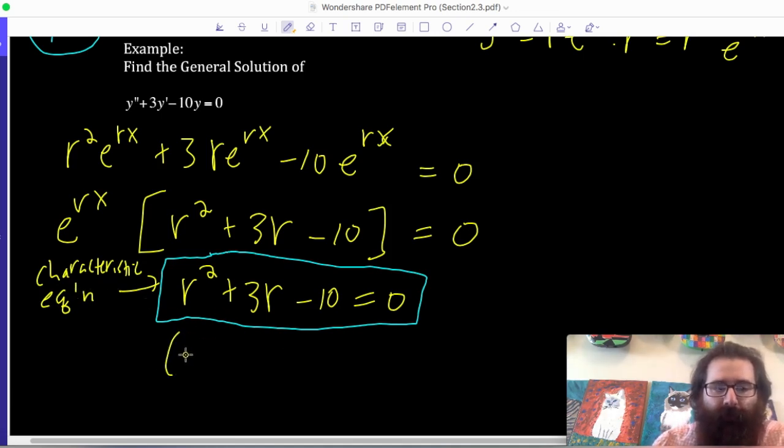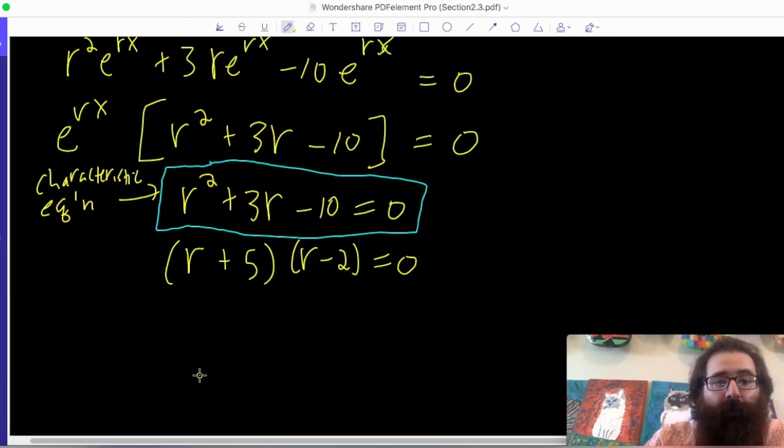I can factor this, right? So we get r plus 5, r minus 2. And from this, we can solve for r. So r equals negative 5, and r equals positive 2.